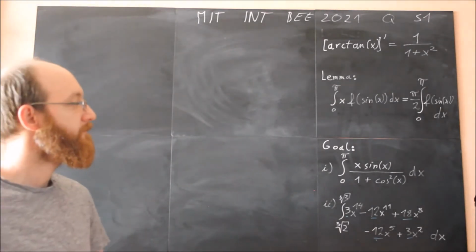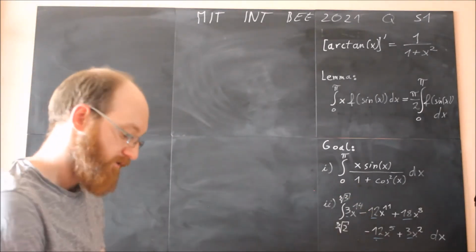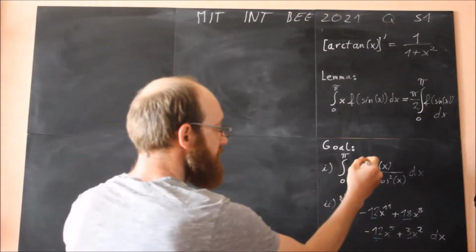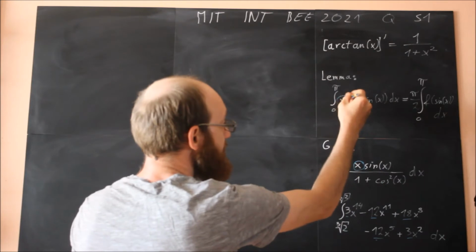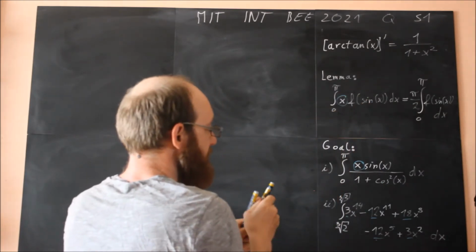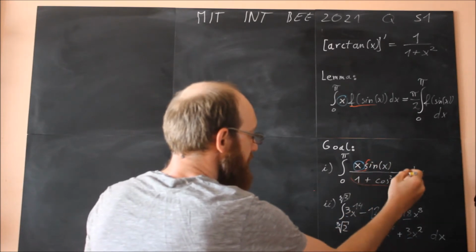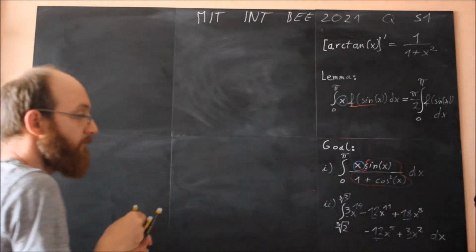Okay, so let's start with the first integral. And like I said, we have here our x and our x, and the rest of it is a function of sine, so we are good to go.